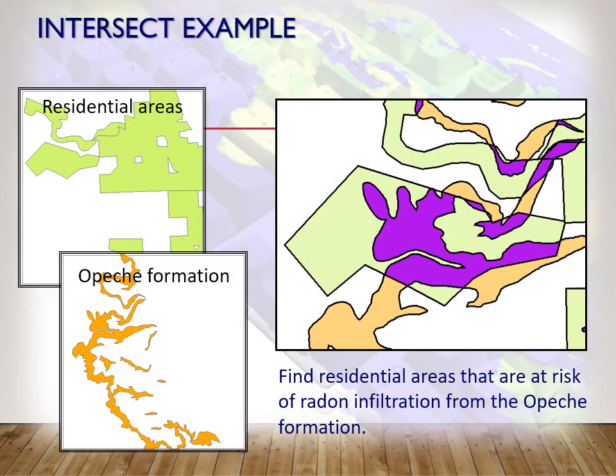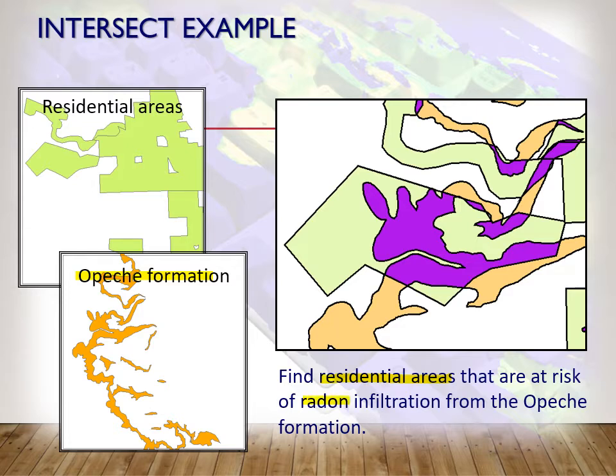Here is another intersect example. So we have residential areas on top, Opechee Formation on the bottom, which is actually pretty harmful. So we're looking at radon infiltration. We want to know what residential areas are at risk of this radon exposure.